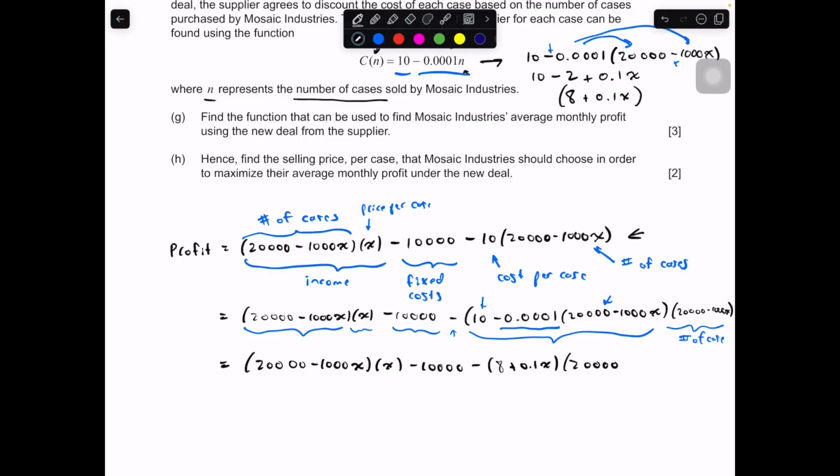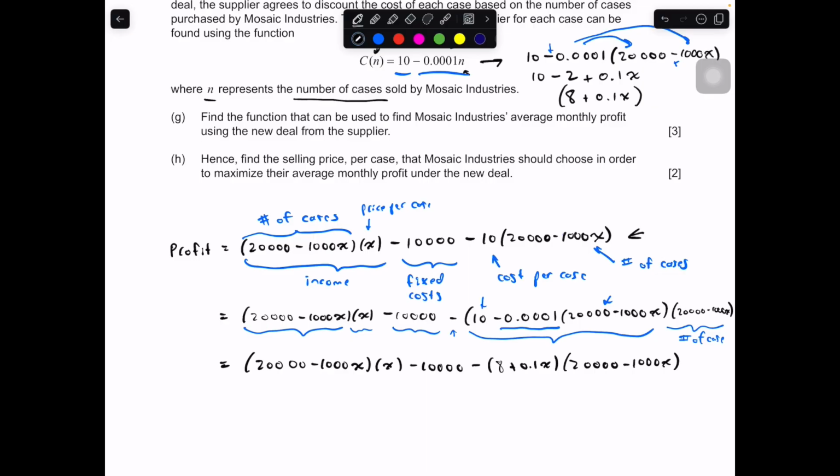It still looks pretty bad, but not as intimidating. Okay. Find the function that can be used to find Mosaic's average monthly profit using the new deal. And there it is.